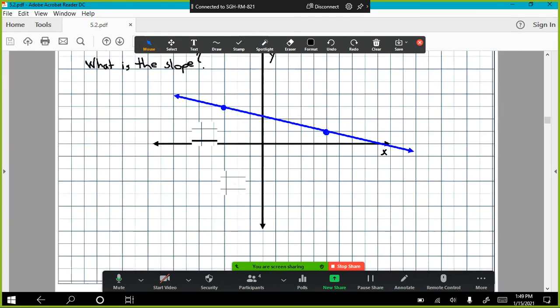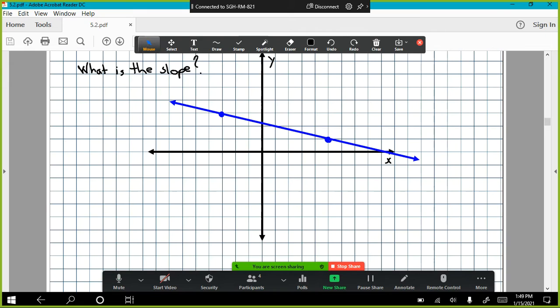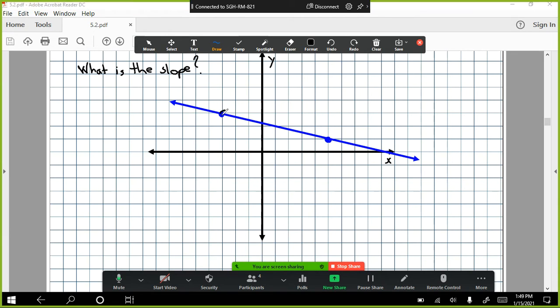Okay, so there's a couple ways we can find slope. One is if we have a picture, we can actually count out the slope. All right? So what you do is you indicate 2 points that you know are on the line. And in this case, we have indicated these 2 right here. Then you start on the leftmost point.